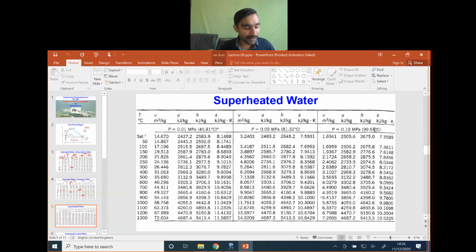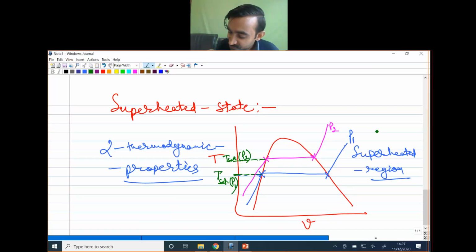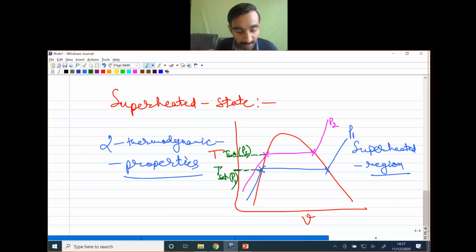So you can refer to page number 920 to page number 923. Superheated tables are specified corresponding to these pressure conditions.